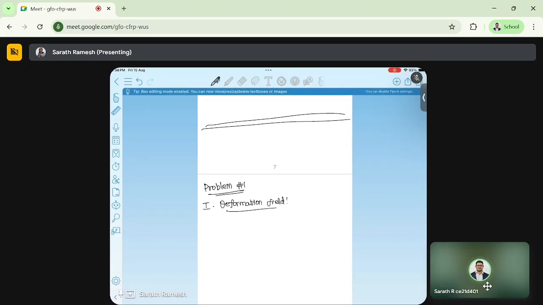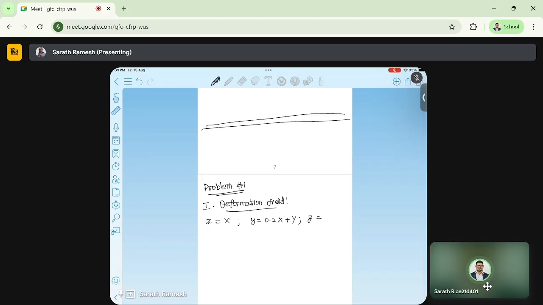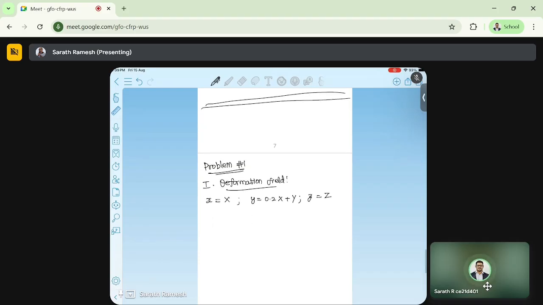It's given by small x equal to capital X, small y equal to 0.2X plus Y, and small z equal to capital Z. This is the deformation field, and a body is given.